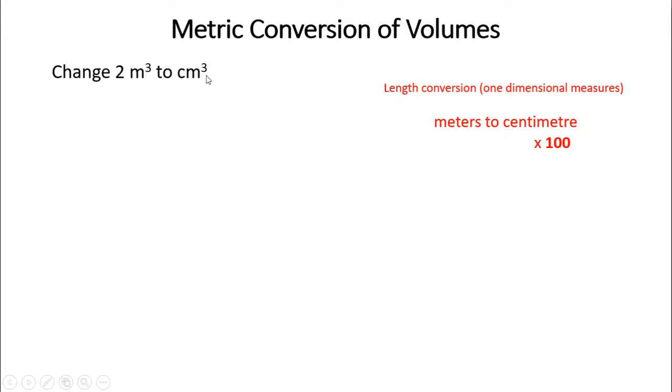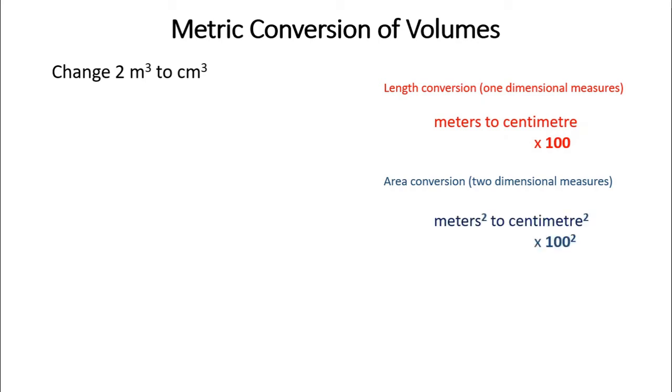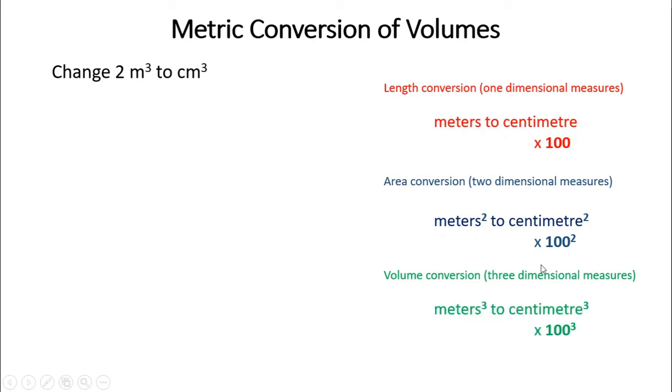I'm converting 2 meters cubed into centimeters cubed. So I need to multiply by the scale factor cubed. Okay? If I were working out meters squared to centimeters squared, I would multiply by 100 squared. Now that I'm converting from cubed to cubed volumes, I'm going to multiply by 100 cubed.